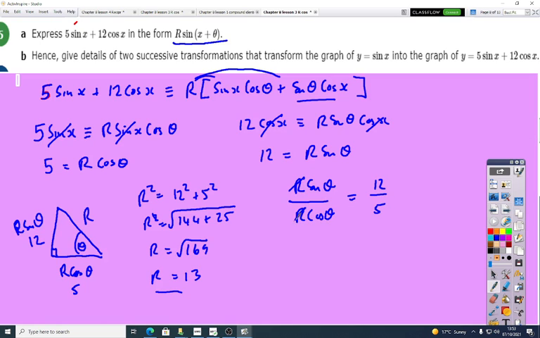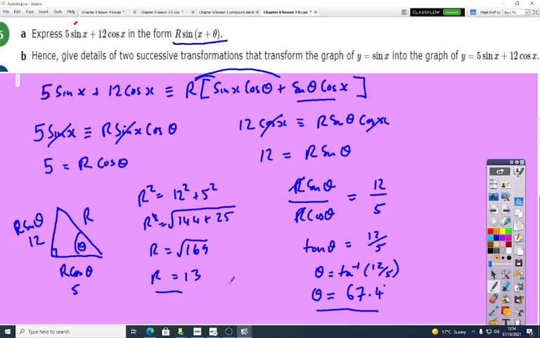Now the r's will cancel, and sine theta over cos theta is tan theta, which is 12 fifths, and then theta is the same as tan inverse of 12 over 5. It is in degrees, I'm going to leave it in degrees. Tan inverse of 12 over 5, you should get, to one decimal place, 67.4 degrees.